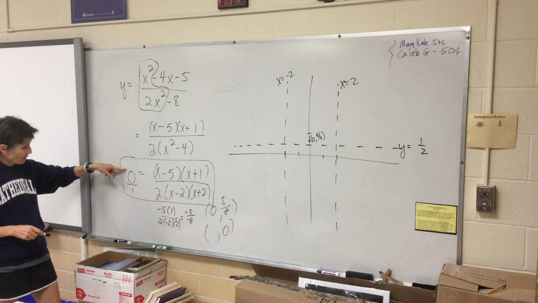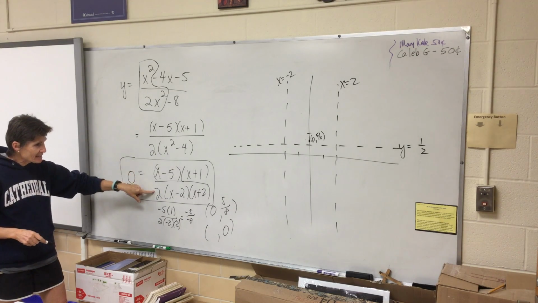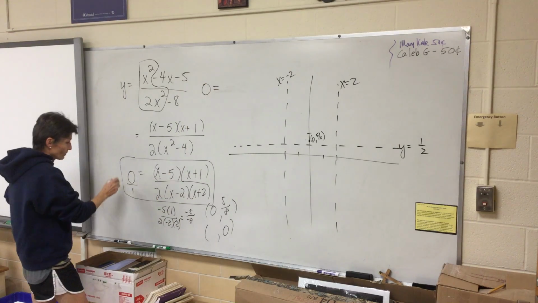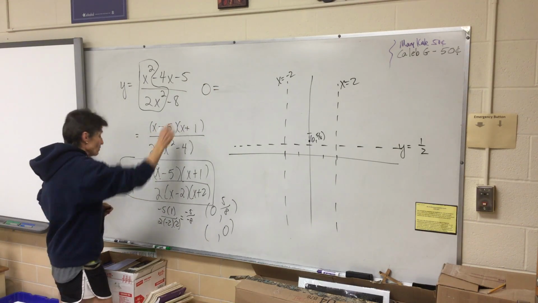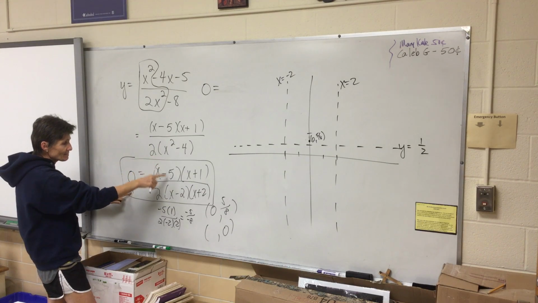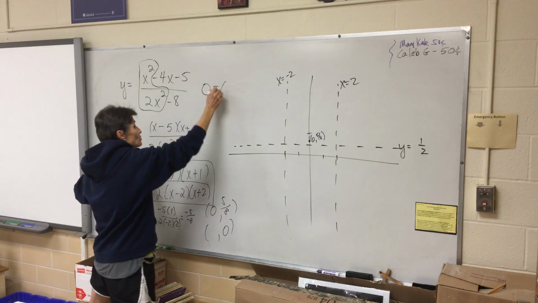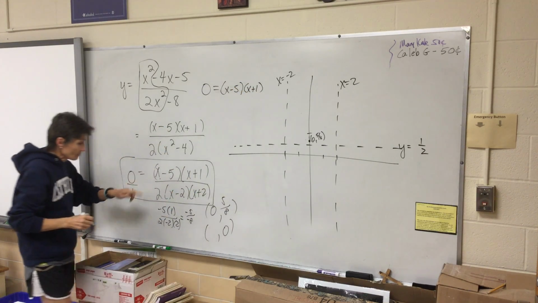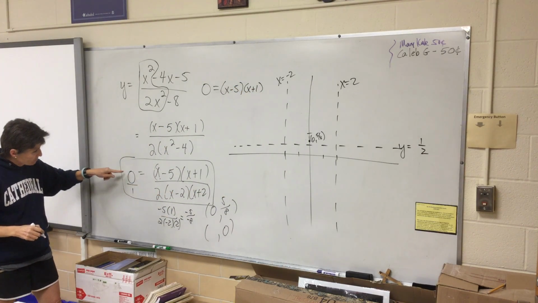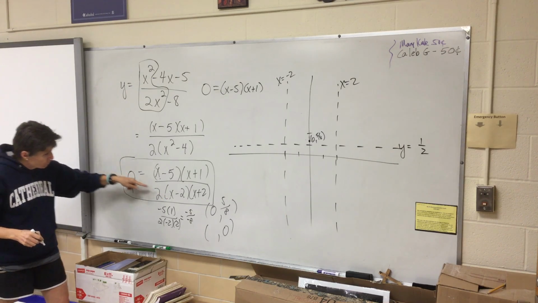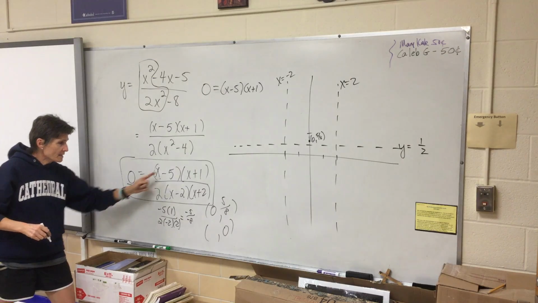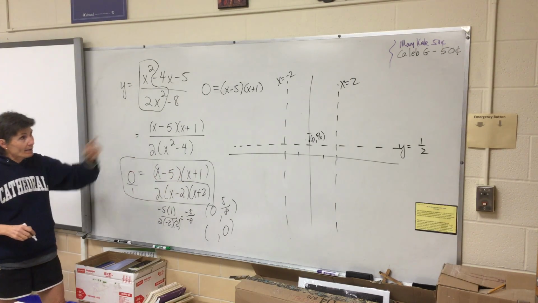So 0 times anything is 0, equals 1 times this, which 1 times anything is just itself. So when I cross multiply, I have 0 equals 1 times all that, which is just all that.